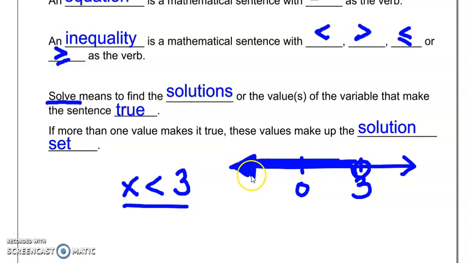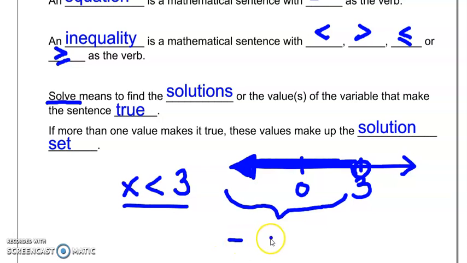Another way that we can represent that answer, other than graphing it or writing it as an inequality, is interval notation. So notice that we have an interval here. We have a section of the graph that makes it true. It's everything from there to here. Now, how would we indicate that? We would say that our answer is all of the numbers between -infinity, because this is just going to keep going. We can't find a number that's too small to be less than 3.